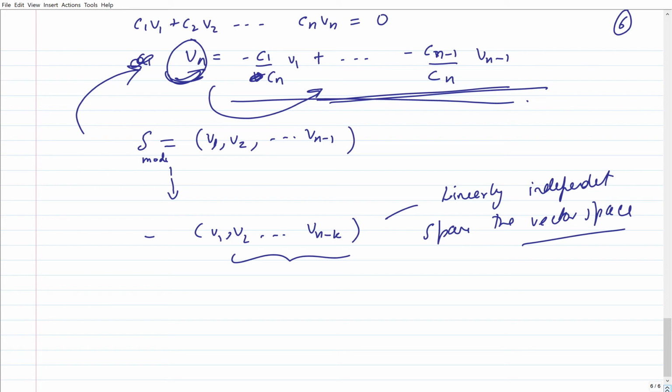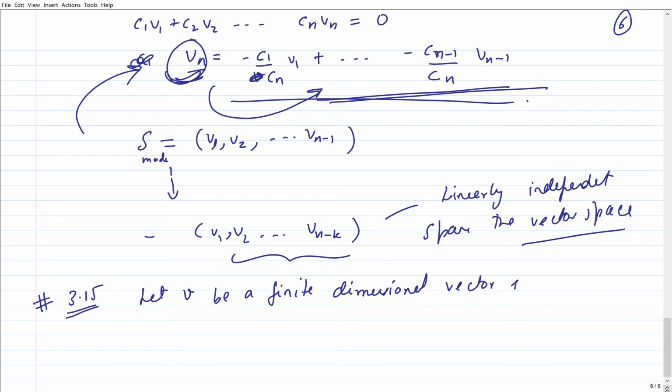Okay, so we are going to state another proposition. You can read it from the book itself. It's called 3.15. Let V be a finite dimensional vector space.